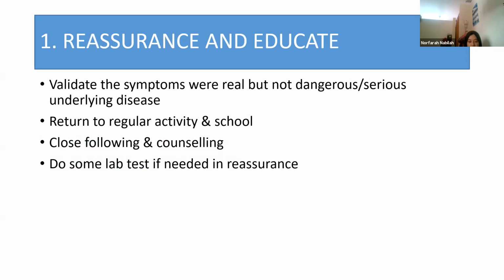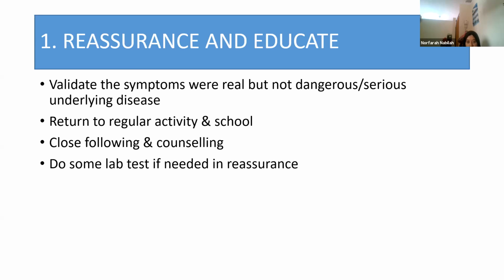So, specific to functional abdominal pain syndrome management, first is reassurance and education. So basically, we need to validate the symptoms, that the pain is real, but it is not dangerous and not related to underlying disease. And then we also need to educate patients that because the pain is not serious, they can return to their regular activity.